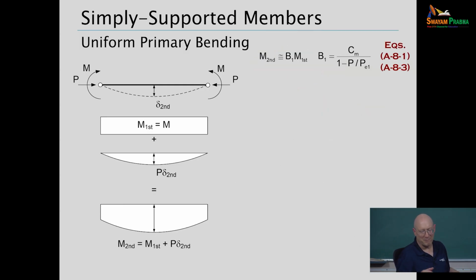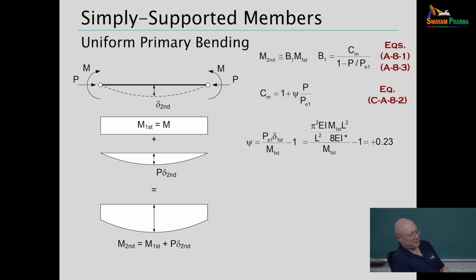All right, so if we move that forward, we just did fairly simple algebraic work here to write the B1 amplifier. Again, let's drill into C sub M a little bit further. And so again, that C sub M is 1 plus psi times P over PE1.